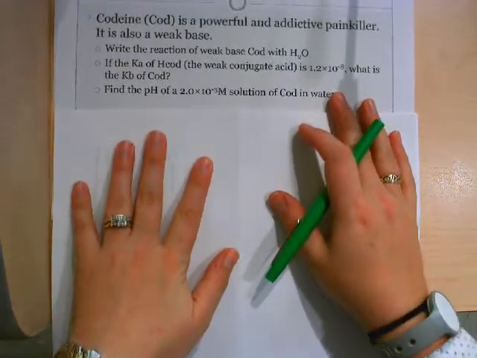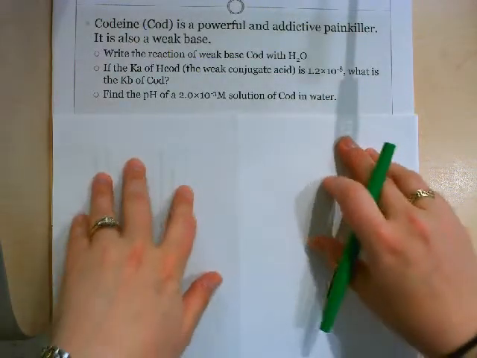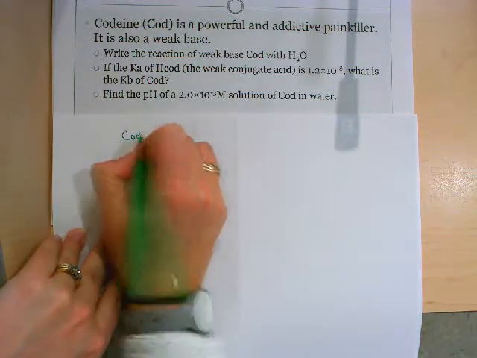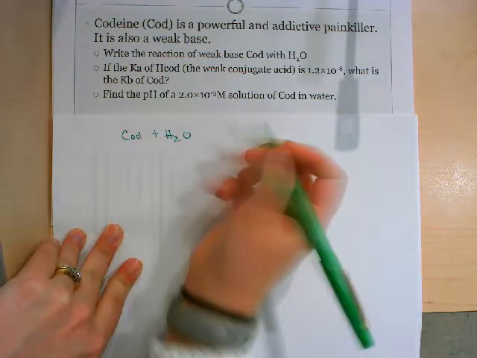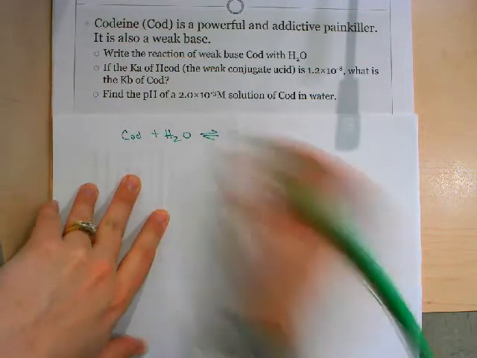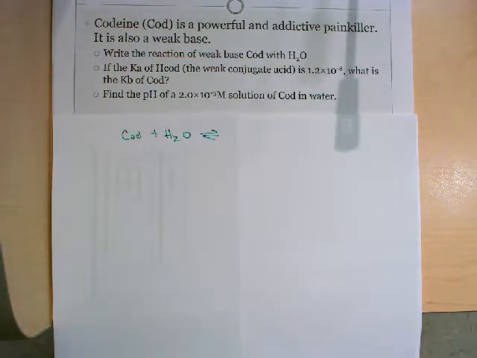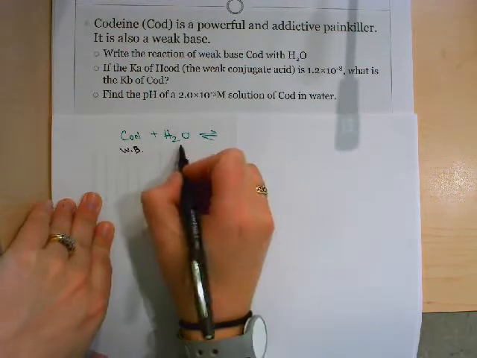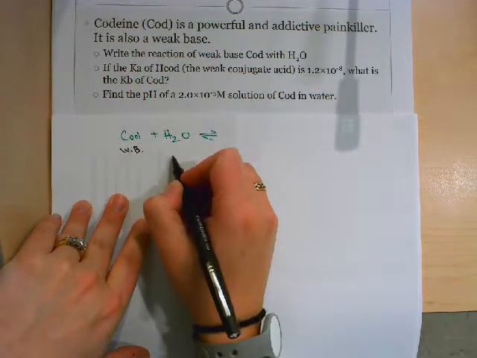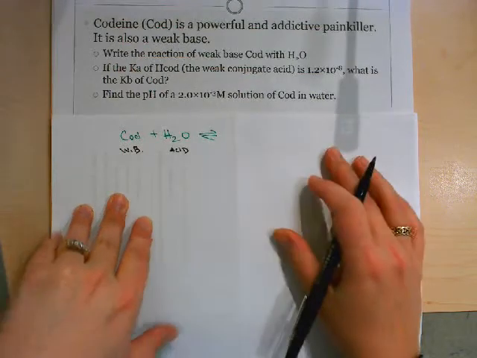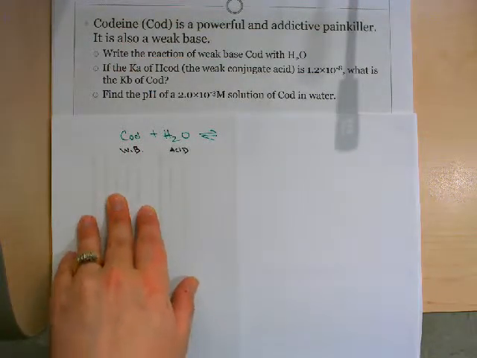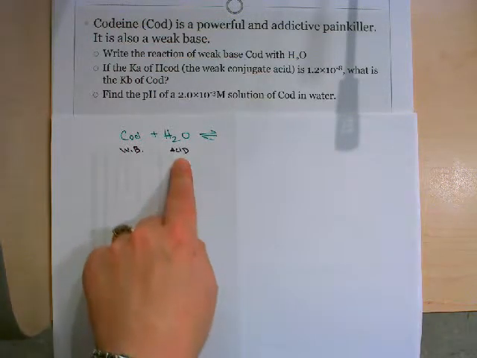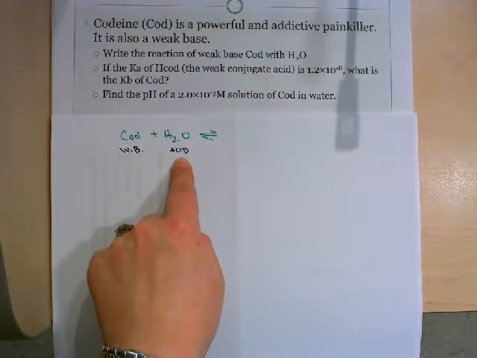Alright, first thing, we want to figure out what is the reaction of codeine and water. Alright, if this is the weak base, what's water acting as? Acting as an acid, right? So if it's acting like an acid, is the water going to take on a proton or give away a proton?